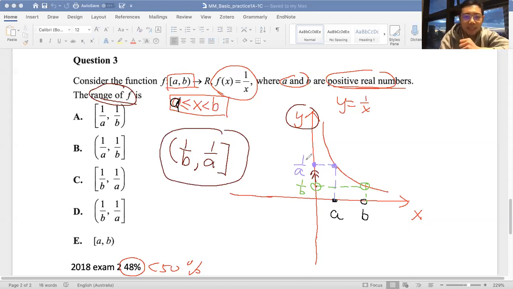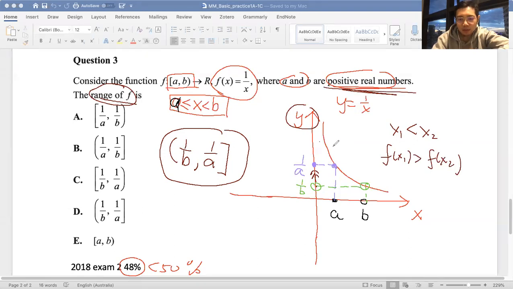The tricky part is 1 over x, this graph is actually decreasing, okay? By decreasing, what I mean is when my x1 is less than x2, my f(x1) is actually greater than f(x2), under positive real, because it's decreasing.